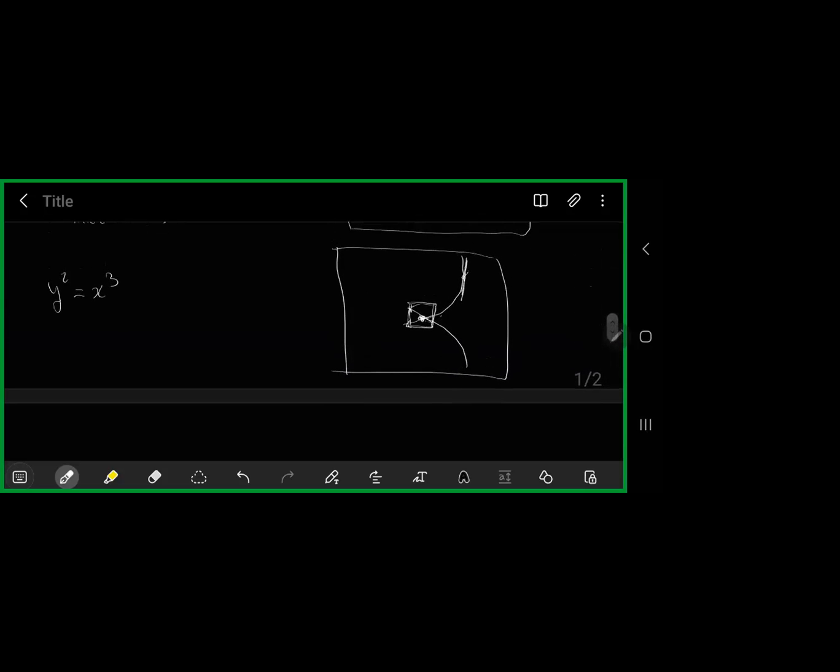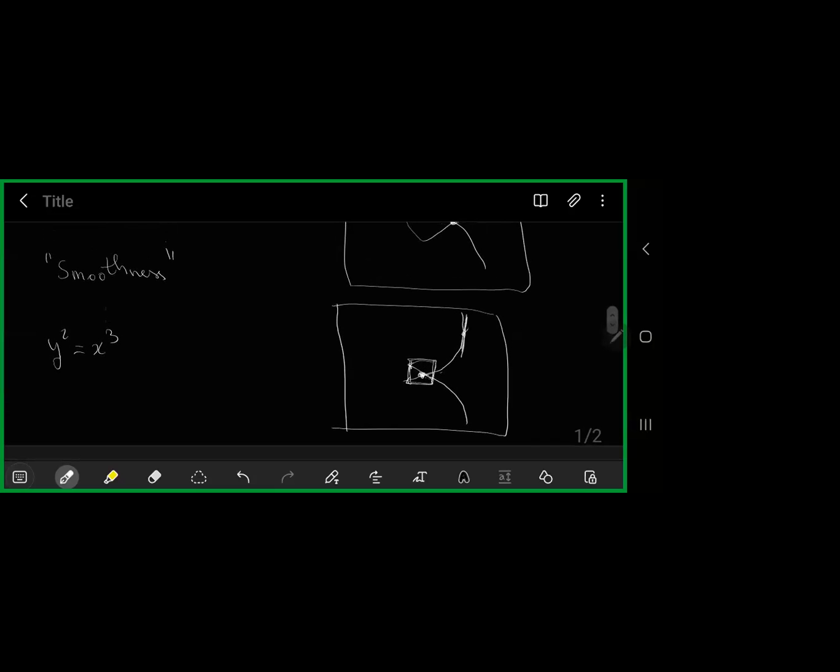So, right, we can see that we can understand, or at least we can ask, whether a variety is smooth, and it turns out it's not too hard to calculate to know if a variety is smooth or not.